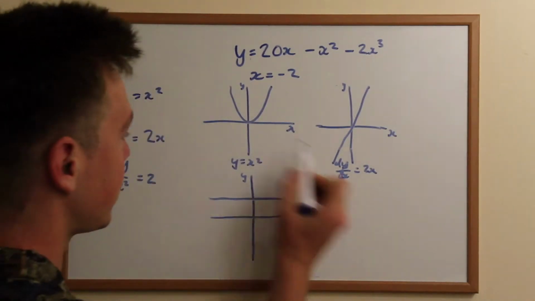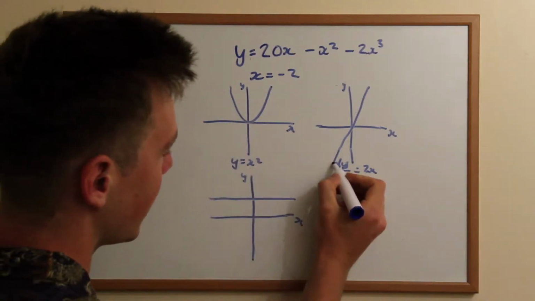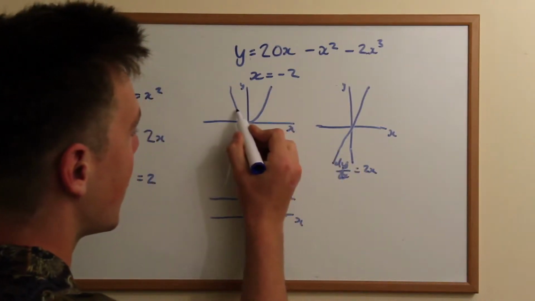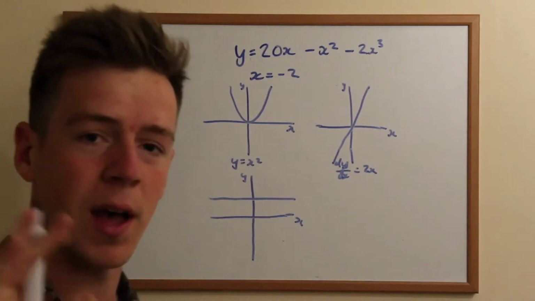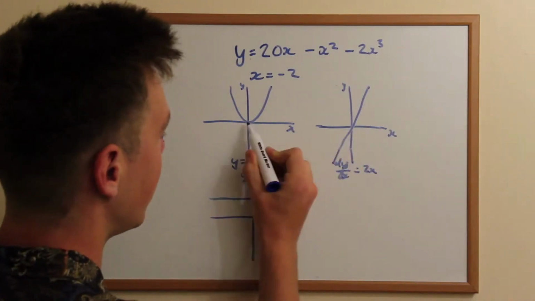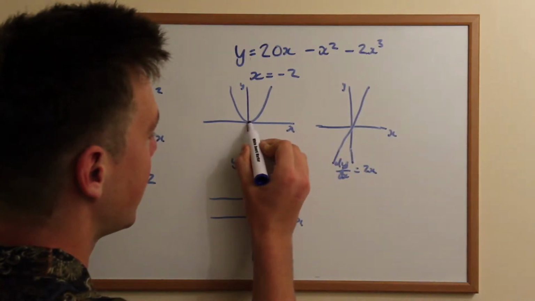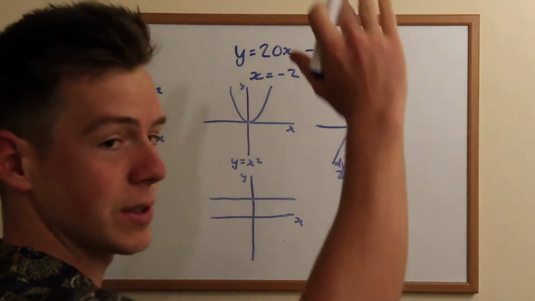So as we can see, the gradient decreases, so we have a negative gradient, and the gradient gets less and less, so it approaches 0, which we can see here, and as we go past 0 our gradient then increases quickly again.